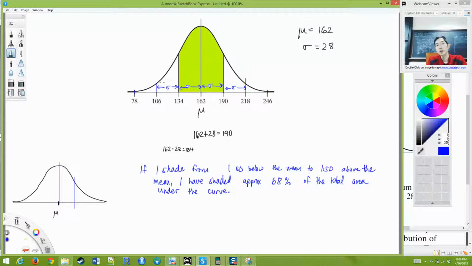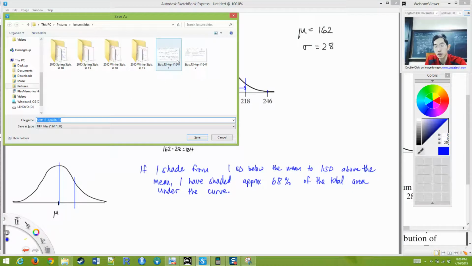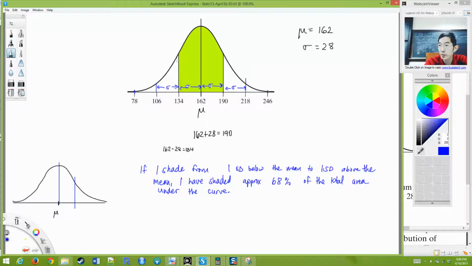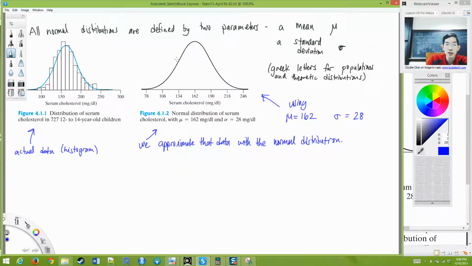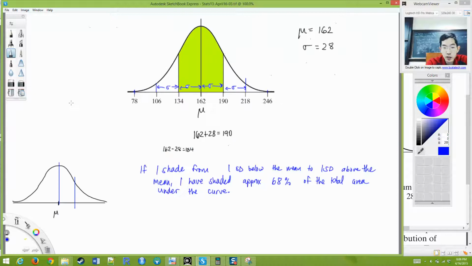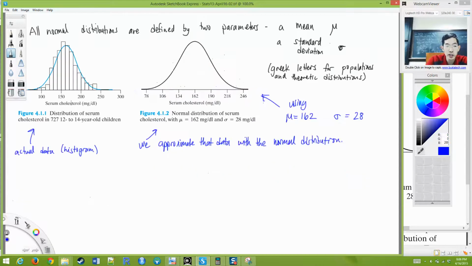Now remember, this curve represents the underlying data. Okay, so if I just flip back a page, we're saying if I go approximately from 134 to 190, and I don't know where that is on this thing, but if this is what the picture looks like or something, I don't know if I'm doing this correctly.